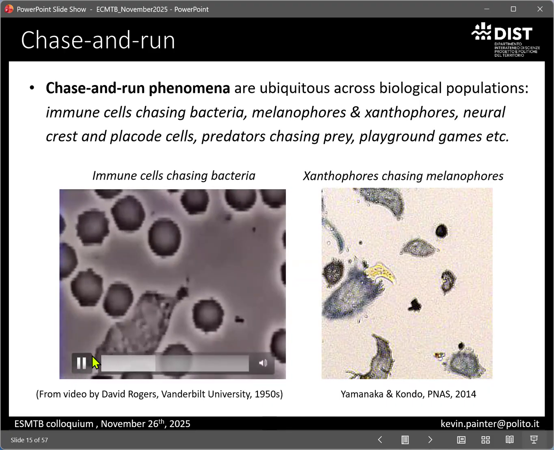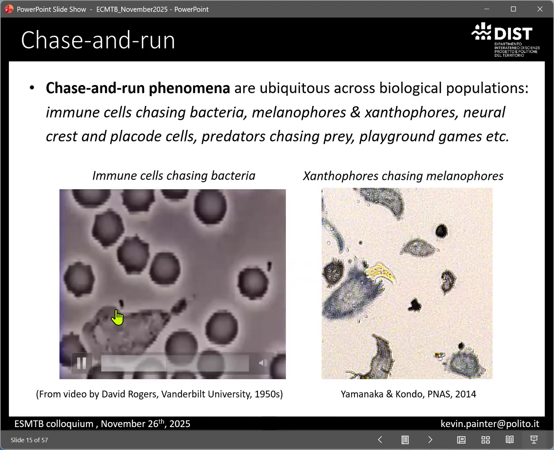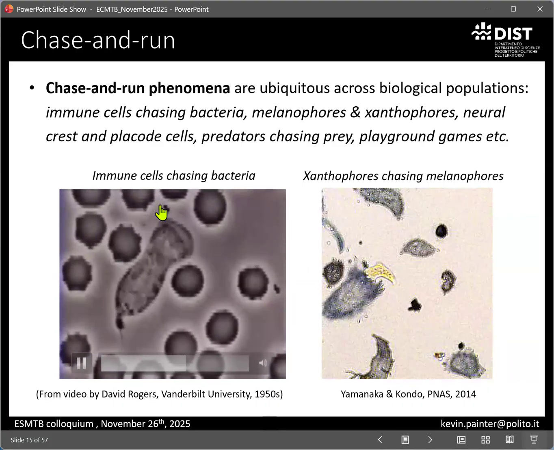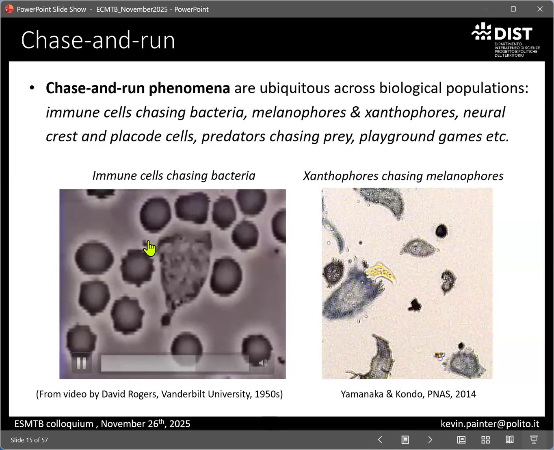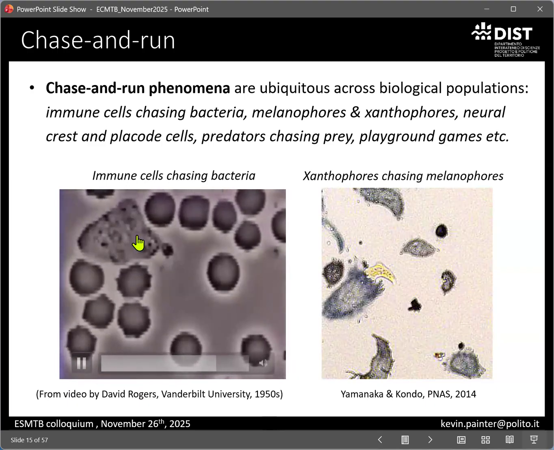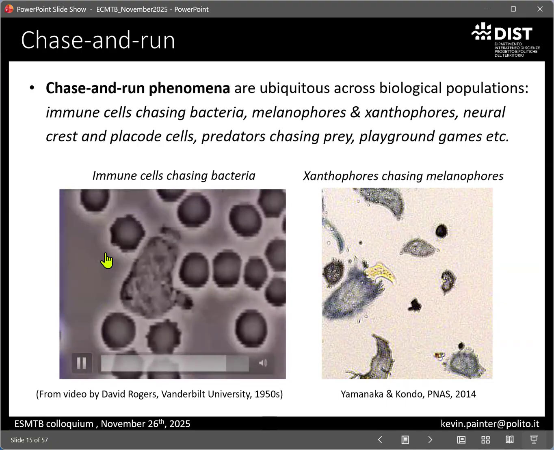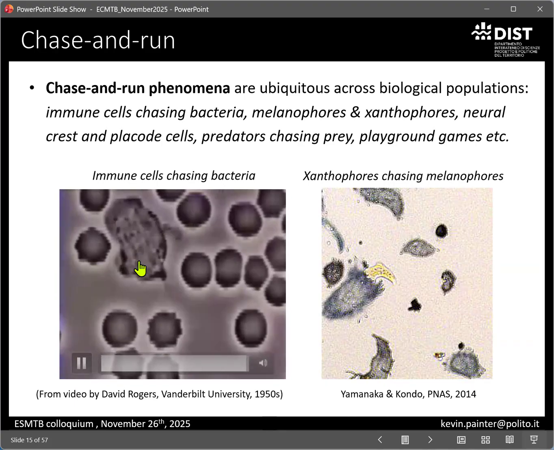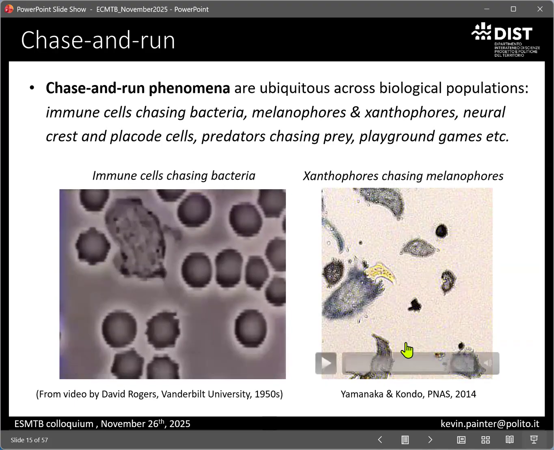That immune cell is continuously pursuing it. It's detecting chemicals that are being produced by that bacteria, and eventually it manages to capture it and eliminate that bacteria.